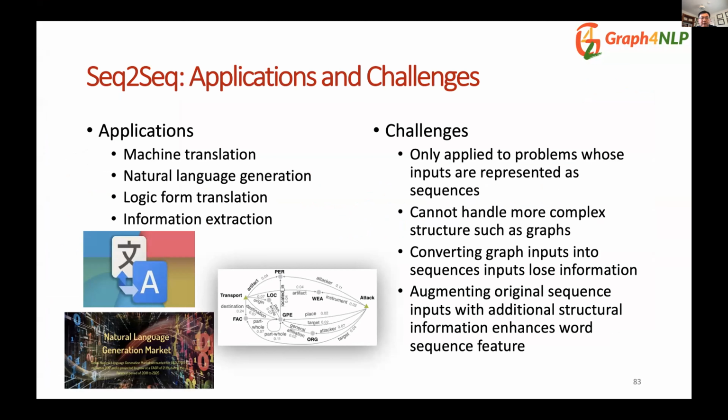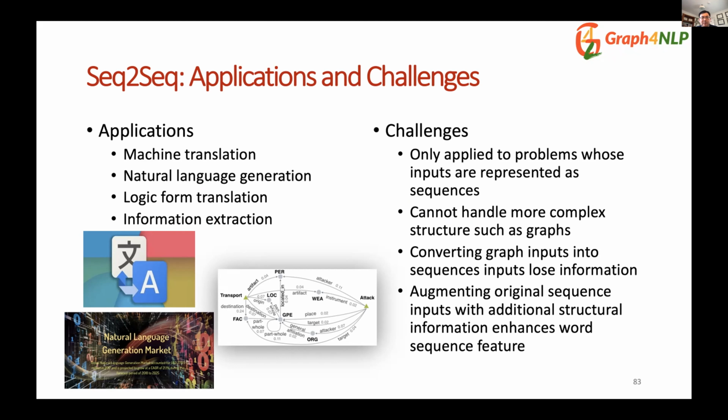For those who are not really familiar with sequence models, this is essentially a model originally developed for machine translation. You have a sequence input and a sequence output. You want a neural network model to learn a mapping between the sequence input and output, so that you can learn either translation or some kind of mapping between them, so that you can do different tasks.